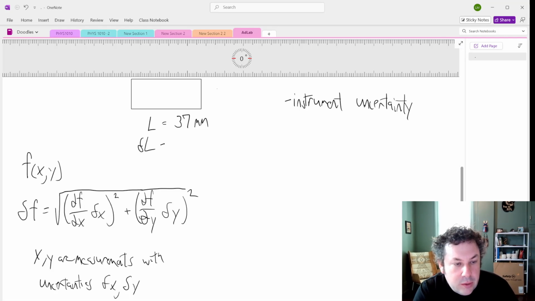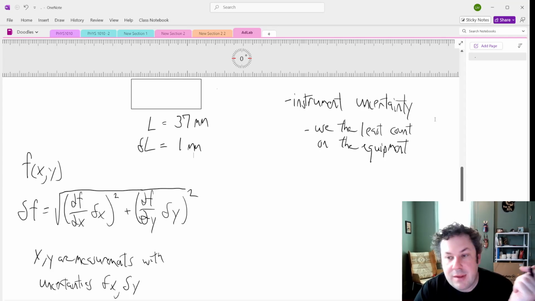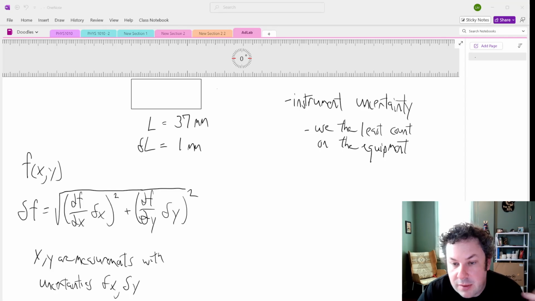So delta L equals what in this case? What you want to use in general is the least count on the equipment that you're using. In this case, the least count on a ruler is 1 millimeter. So you would just say 1 millimeter. So this is 37 plus or minus 1 millimeters is the length of this object.